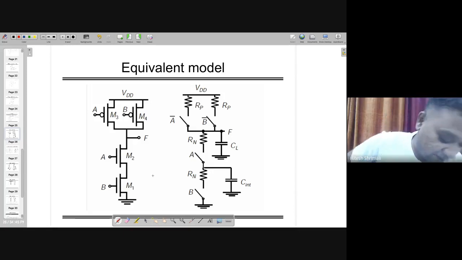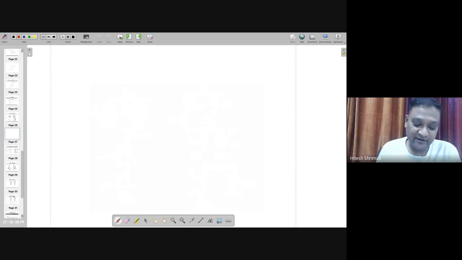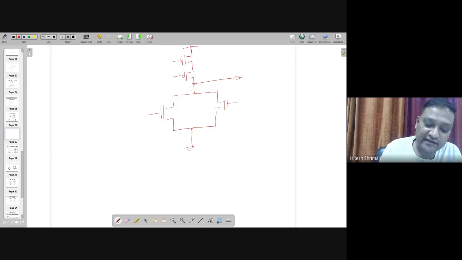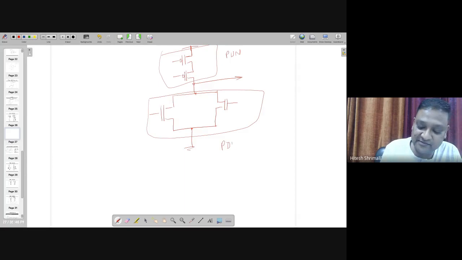Okay, let's practice that one because you might be getting difficulty. So if there is a gate that looks like this one, what I suggest you can do is choose any one of the branches, like power up network or power down network. Any one side, just pick that and look at the output.